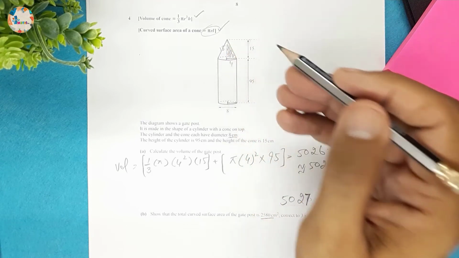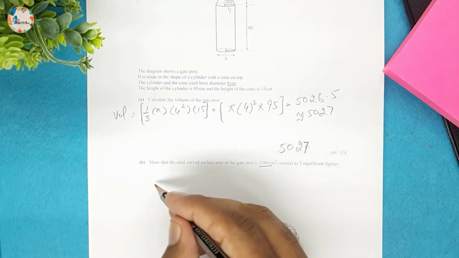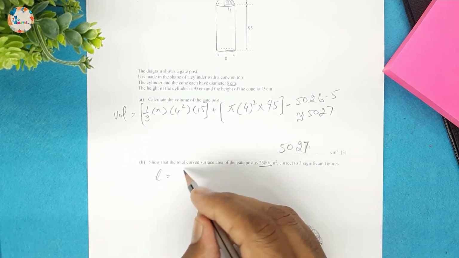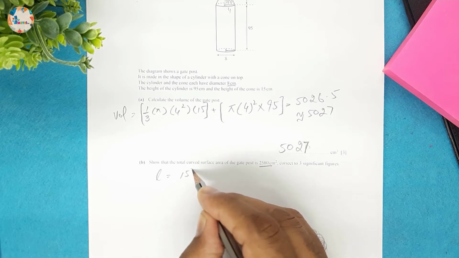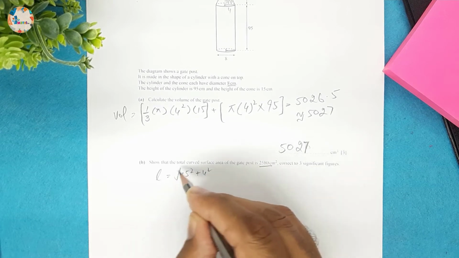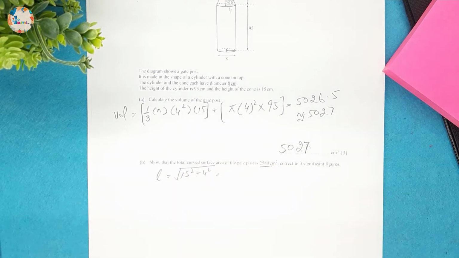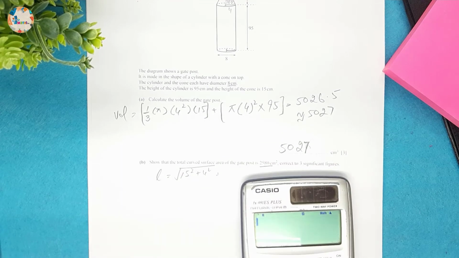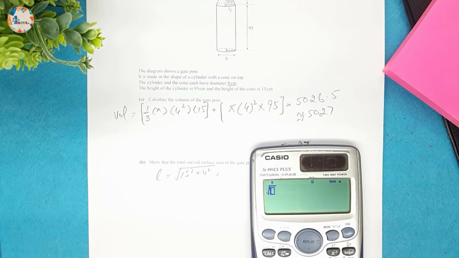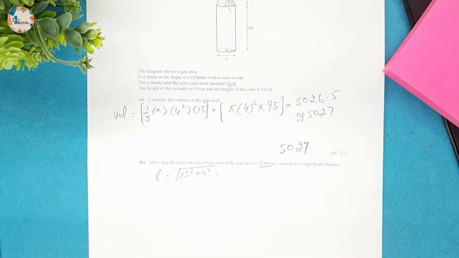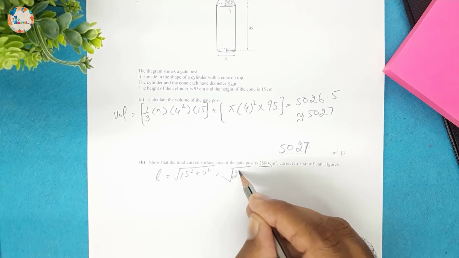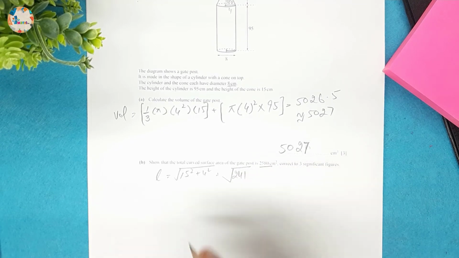So for this side we can calculate L. L will be equal to the root of 15 squared plus 4 squared, and this will be equal to the root of 241. So root of 241 will be the L value.